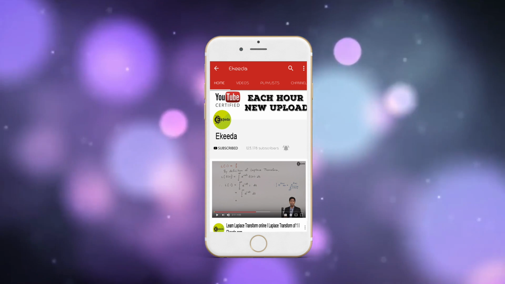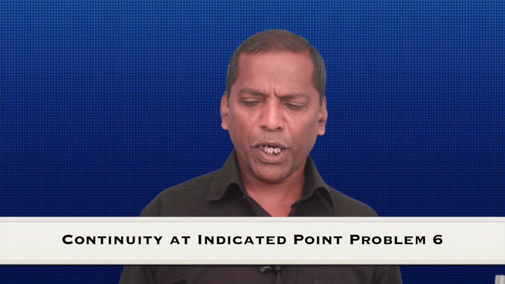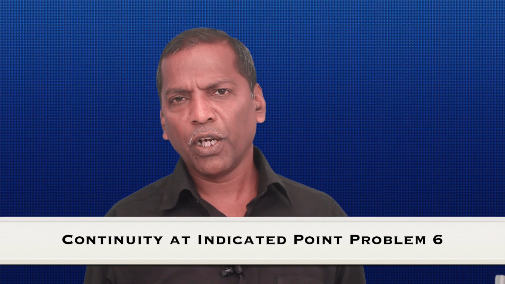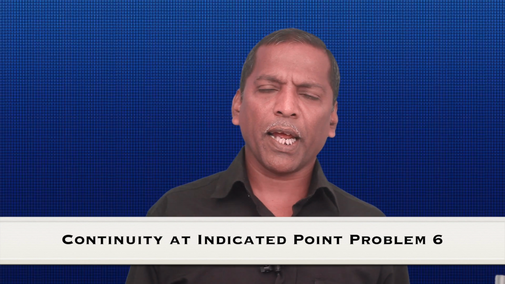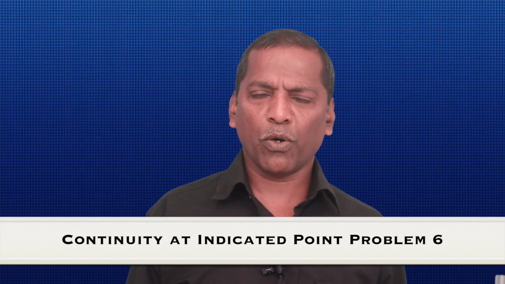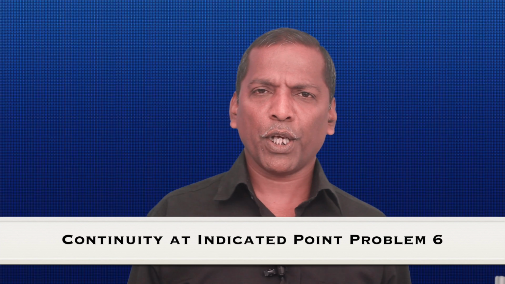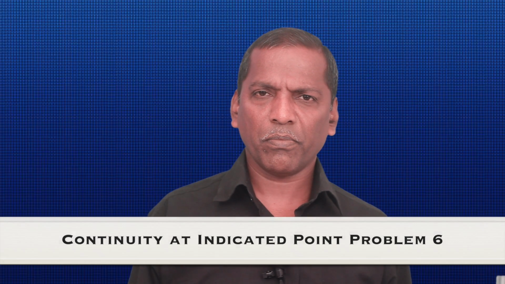Hello friends, we will learn about the problems of continuity. In this question, the given function is continuous at x equal to 0 and we have to find f of 0. As compared to the previous problem, this question is quite simple.